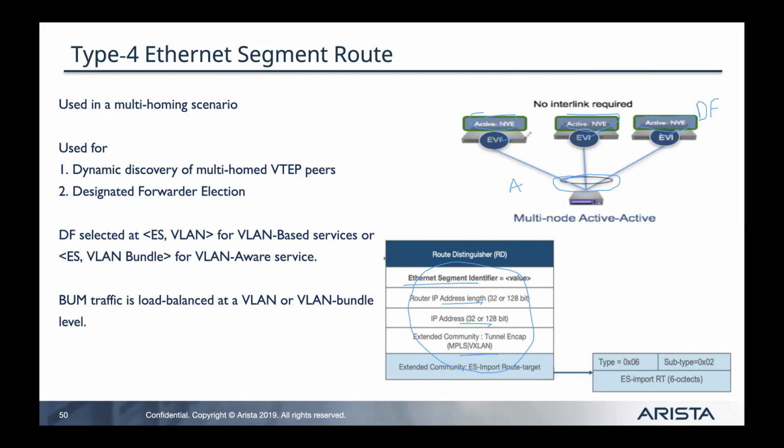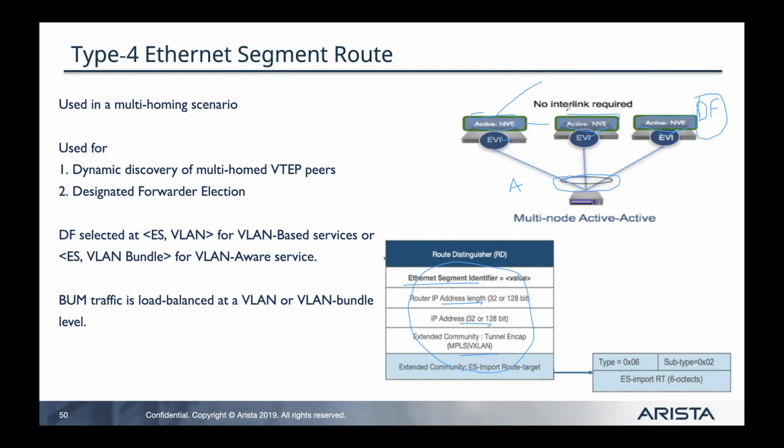There are criteria, and I will not go in depth about the criteria, but there are notes under this where the criteria is mentioned. You can go through it, or there are other documents, I can forward them to you. Basically, out of these 3, one will become the designated forwarder based on that criteria.